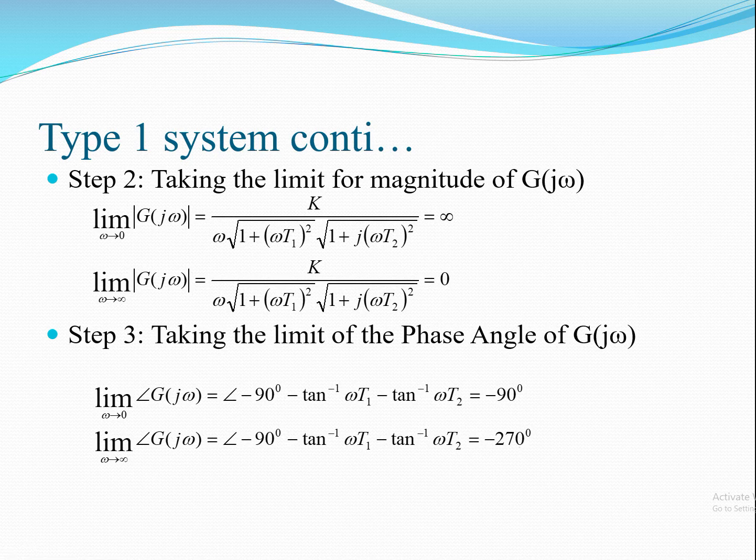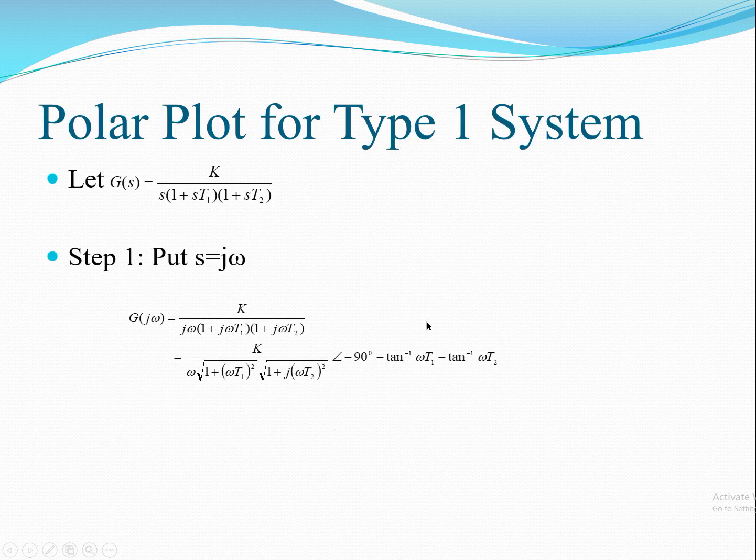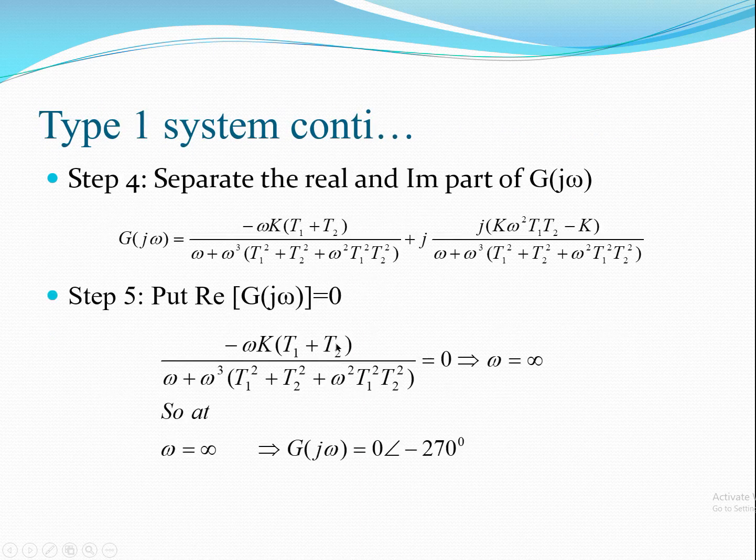In between, it is going to touch the real axis and the imaginary axis. For that, we have to rationalize the terms, that means multiply and divide by the complex conjugate. Then we separate out the real part and the imaginary part. Next, we put the real part equal to 0.